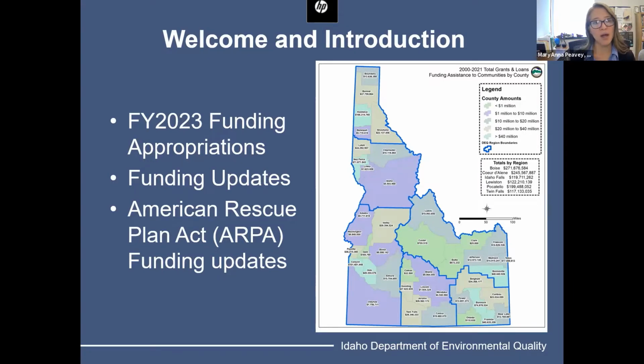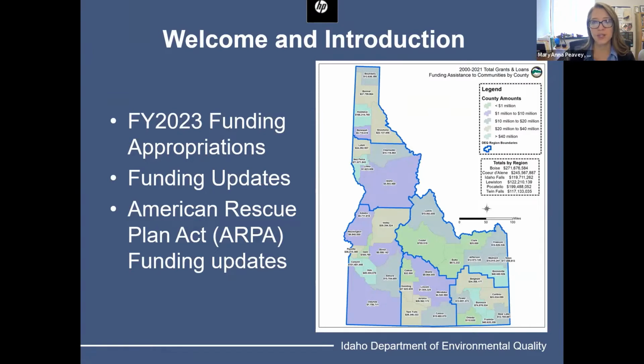Today, right now, what I wanted to do is just go over a little bit of the grant loan program, the SRF program, and how we get our funding. What makes up the funding for the SRF program are grants from EPA. We get 2 grants from EPA, a drinking water grant and a clean water grant.